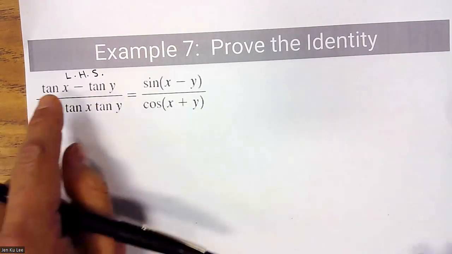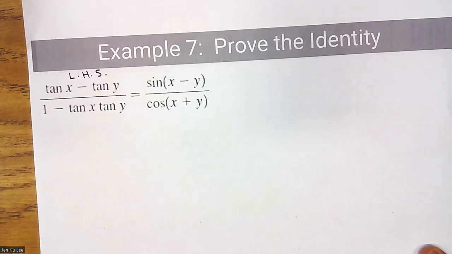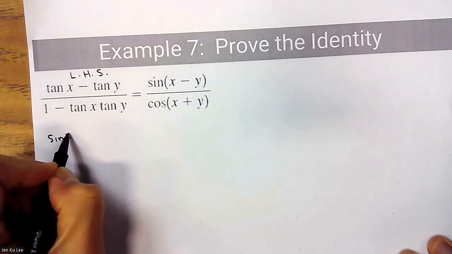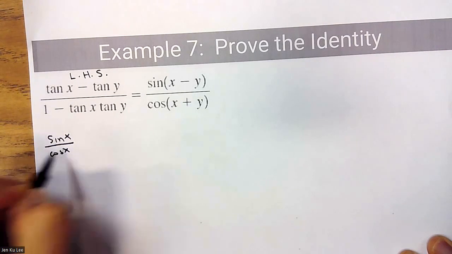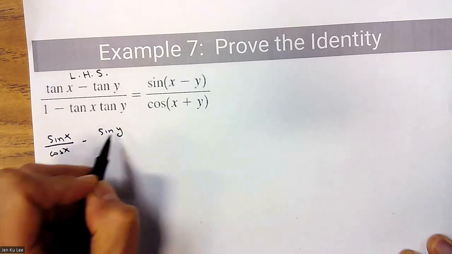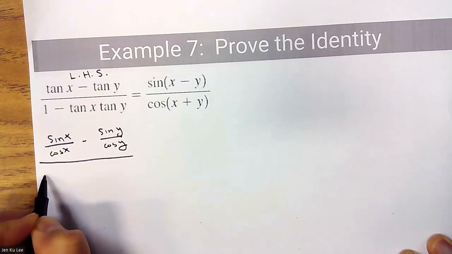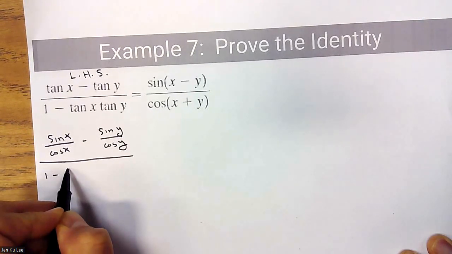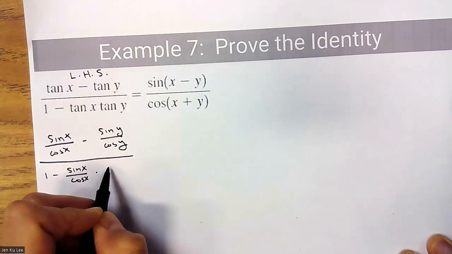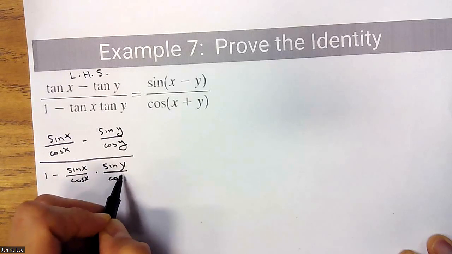So what I'm going to do is turn every tangent into sine and cosine. Use one of those tips again. So tangent of x turns into sine of x over cosine of x, minus tangent of y becomes sine of y over cosine of y, over 1 minus sine of x over cosine of x times sine of y over cosine of y.